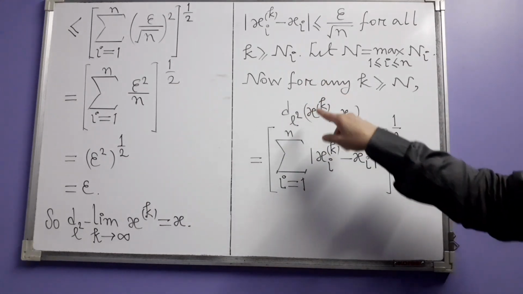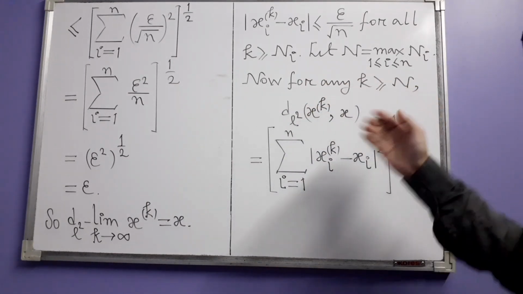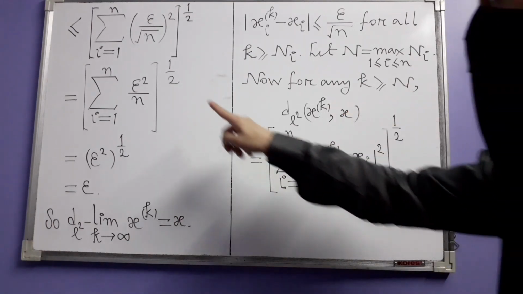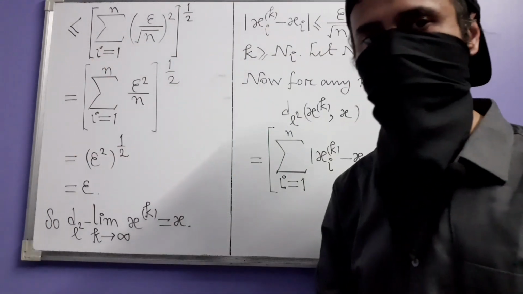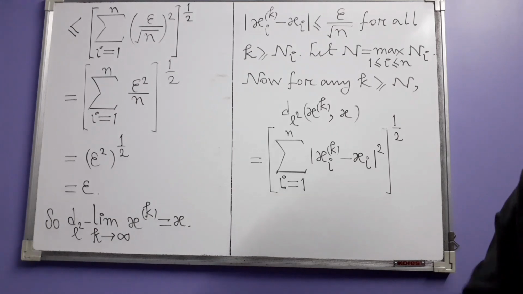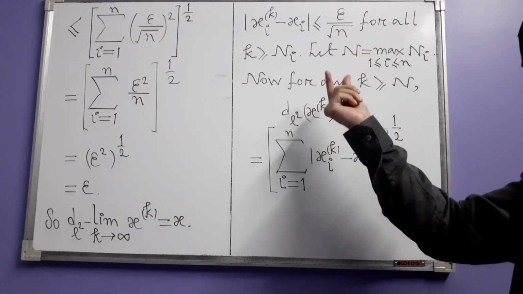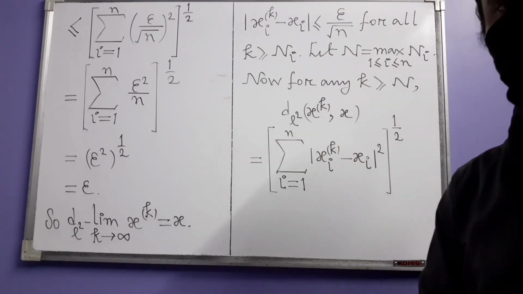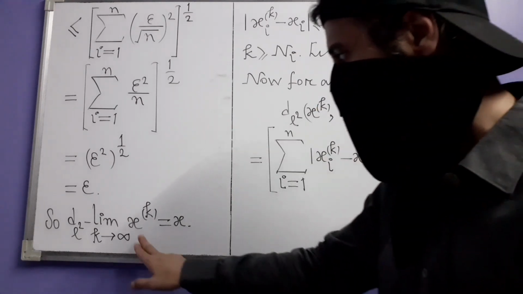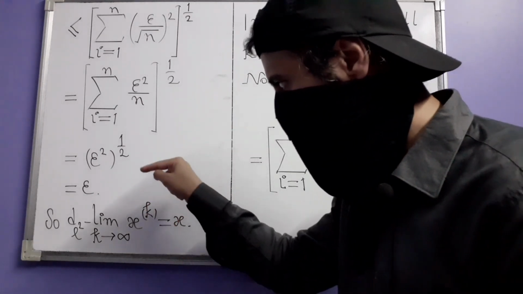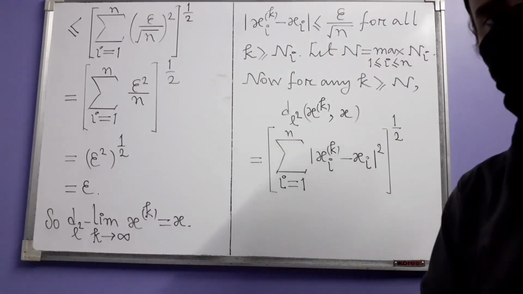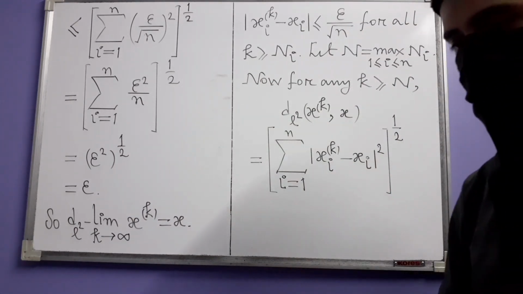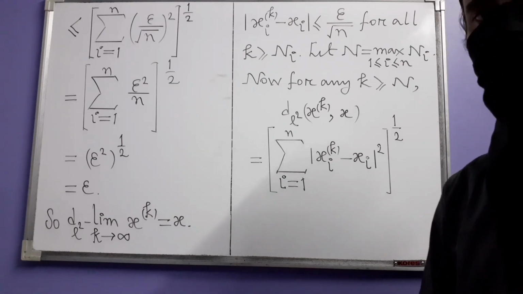And that way, for all k greater than or equal to n, the d_l2 distance between x^k and x is less than or equal to epsilon. That means for that epsilon, we have found an integer n for which these things are happening. And that is why x^k converges to x with respect to the metric d_l2. And that's how our D also implies A.